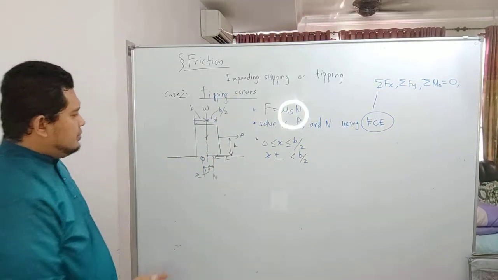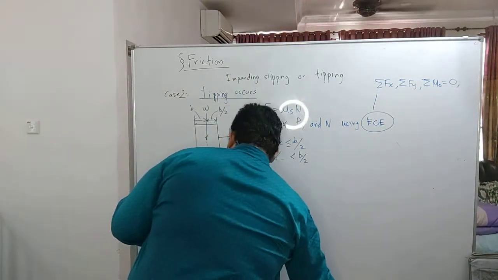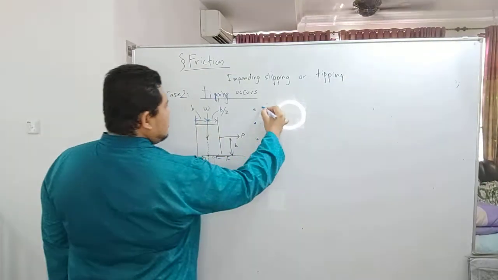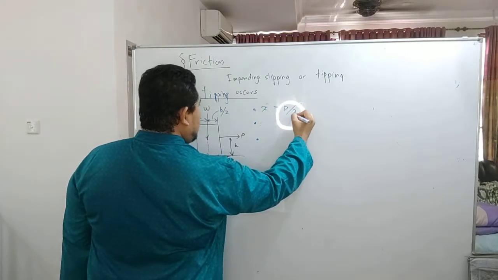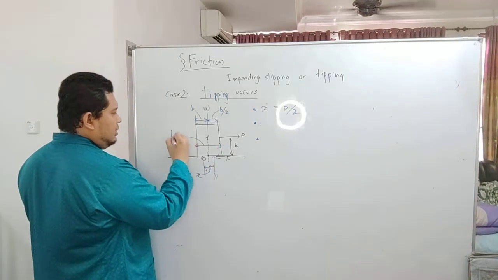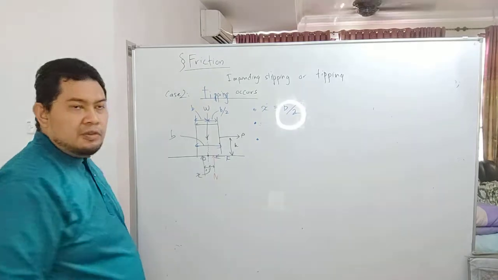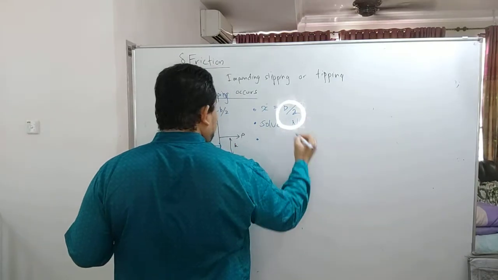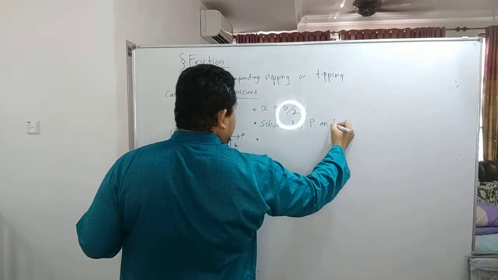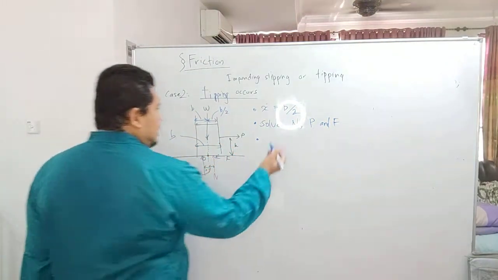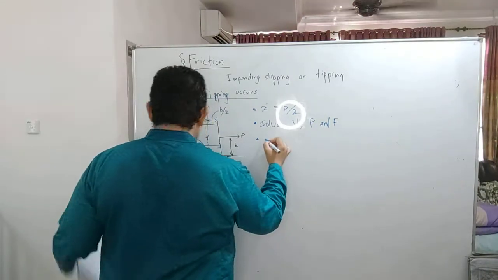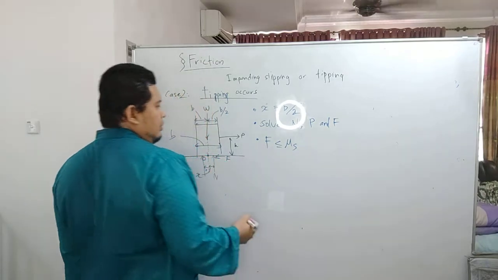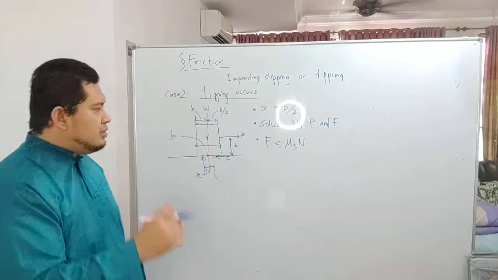If tipping occurs, then you need to understand that the value of X must be equivalent to half of B. Half of B means that if this distance is B, then half of B. X needs to be half of B. So you need to solve for the normal force, the load, and the friction force F, where you should understand that if tipping occurs, the friction force needs to be smaller than or equal to mu S times N. Previously, if slipping occurs, it needs to be equivalent.